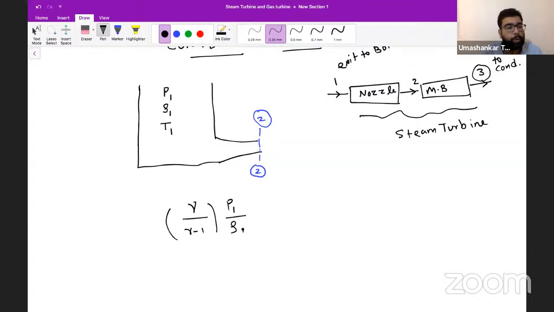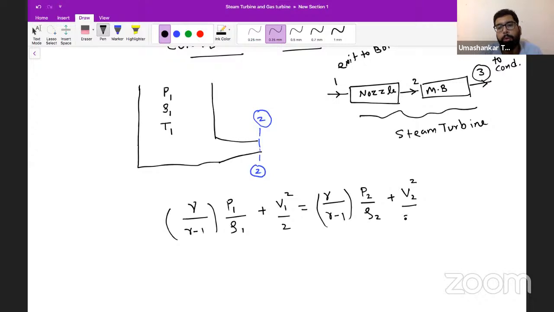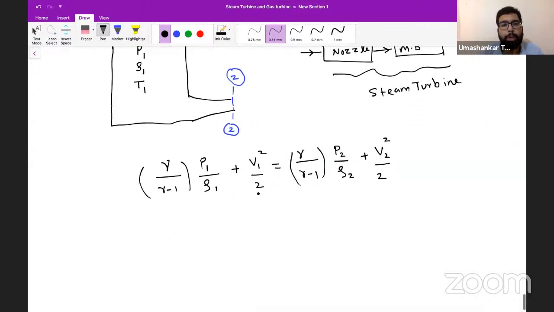So gamma upon gamma minus 1, P1 by rho 1 plus V1 square by 2, and I am neglecting the changes in datum, is equal to gamma upon gamma minus 1, P2 by rho 2 plus V2 square by 2. Is that true or not? We can write like this.